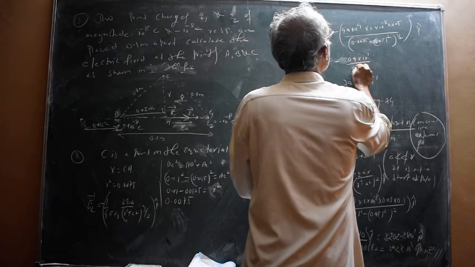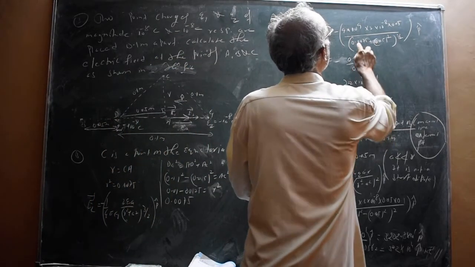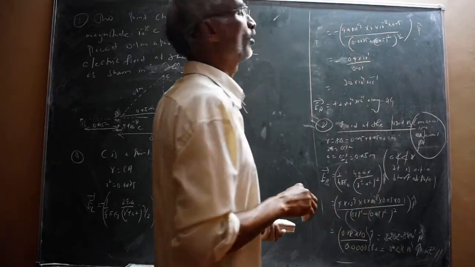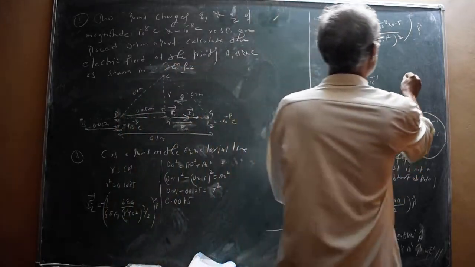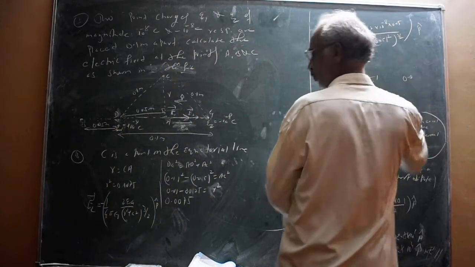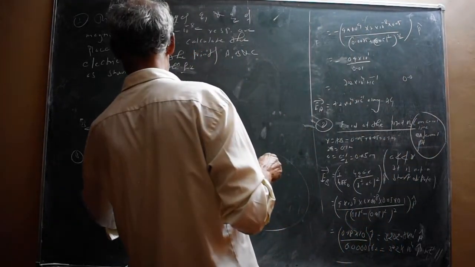It works out to be 0.01. Okay, 0.0075 plus 0.0025 is equal to 0.01. R square itself is 0.0075.